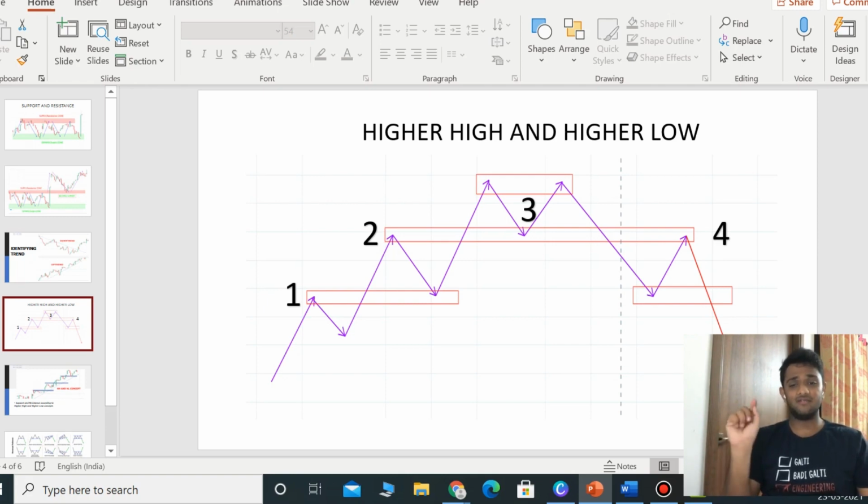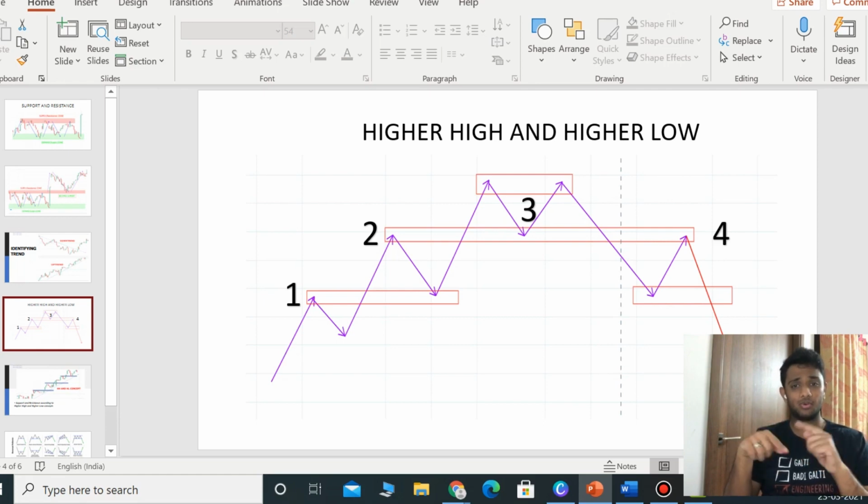When 3 becomes a resistance, it next takes support at the nearest resistance, that is 2, not 1. So when 3 is found as a resistance, it finds good support at 2.